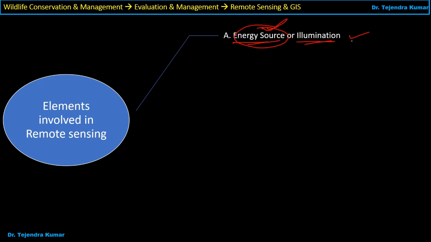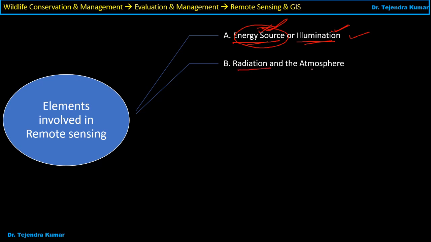Whether it is a light or another kind of electromagnetic wave, it can be used, like UV or visible or infrared, or microwave, but at least we require some kind of energy source. If it is visible, then we will say it as illumination or another energy source.